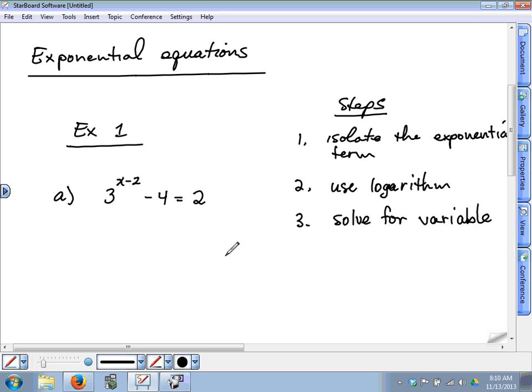The exponential term consists of the base and the exponent. So this right here, 3 to the x minus 2 power, this is the exponential term, 3 to the x minus 2. That needs to be isolated. It needs to be all by itself. So you're going to add 4. Very good. Add 4 to both sides. So now we have 3 to the x minus 2 is equal to 6.